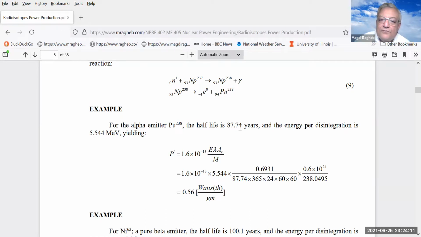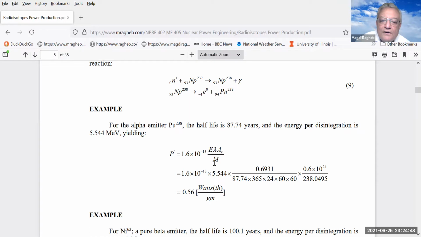So when you calculate the decay constant, it is 0.6931 divided by 87.74 years, multiplied by 365 days per year, by 24 hours per day, by 60 minutes per hour, by 60 seconds per minute. So you have to be very careful with the units.